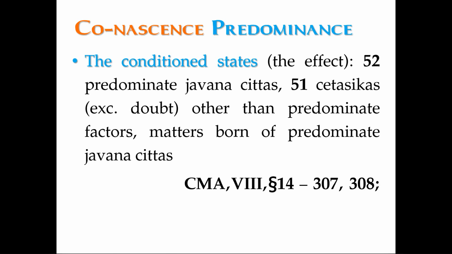These are called predominance. Suppose you come back from your holiday and the mood stays on. You think about and recall the experience, your memory of your trip. That is not a normal object, it is a predominant object. Because of that, you might have greed. Because of that, you might have a wholesome cheta.